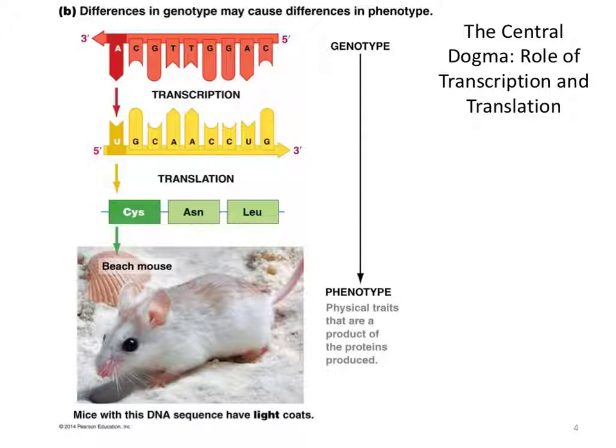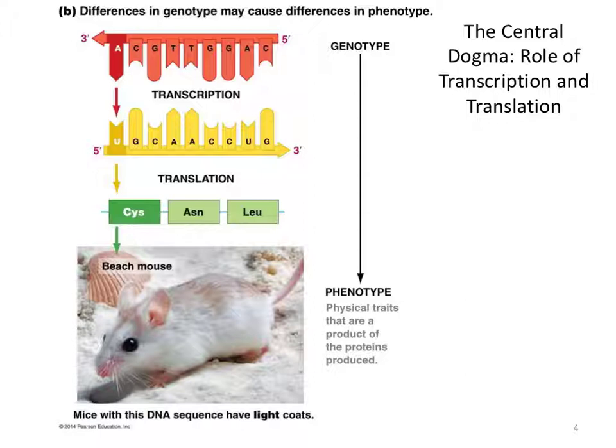Alright, so if you look at two different mice, and this is a beach mouse, but let's just imagine they're the same species, and this mouse looks quite different. So this mouse has a different phenotype than the previous mouse. So that means that it must have one or more genes that differ than the previous mouse. They don't differ in their identity, they differ in their sequences.